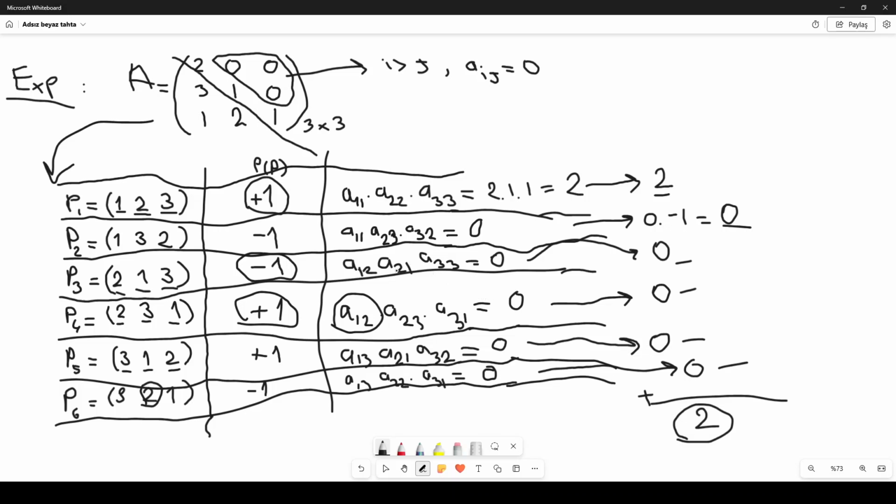Because all the other permutations will have at least one component above the main diagonal, and all of the values above the main diagonal are equal to 0, we have at least one 0 in each multiplication, which means we have all zeros in all other rows as a result of multiplication.